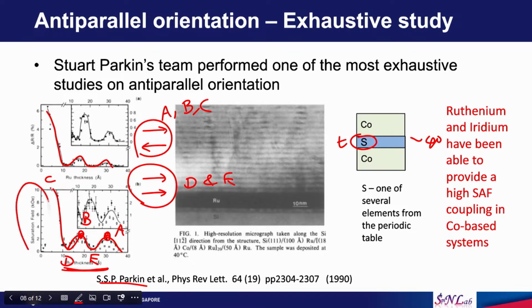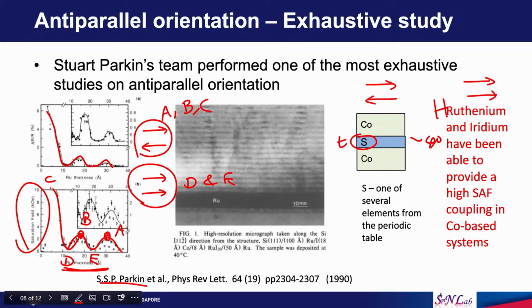okay, maybe let me explain what this saturation field is. So, at zero field, the two ferromagnetic layers are antiparallel. So, when you apply a very large field, the two layers will point parallel to each other. Okay.